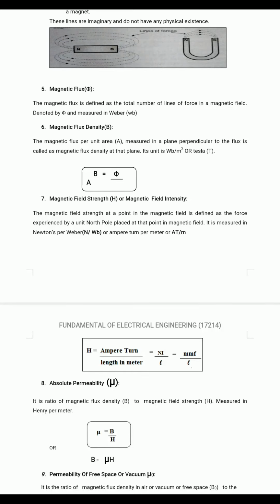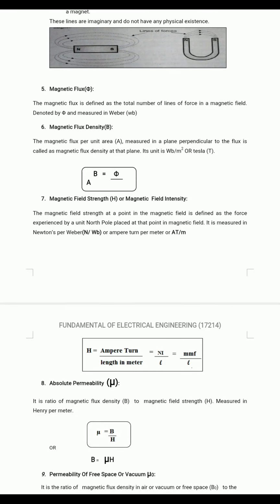Absolute permeability. Absolute permeability is given by mu. Its symbol is mu. It is the ratio of magnetic flux density B to the magnetic field strength H. It is measured in Henry per meter.